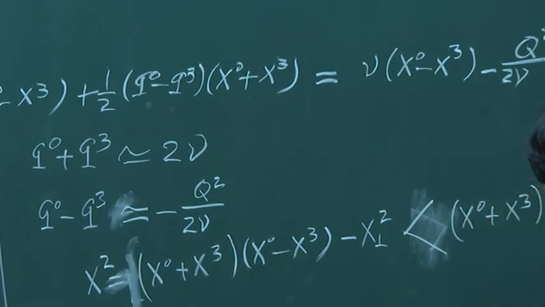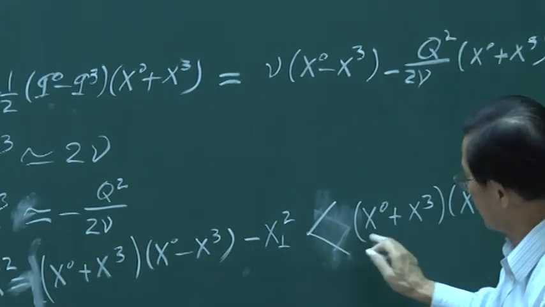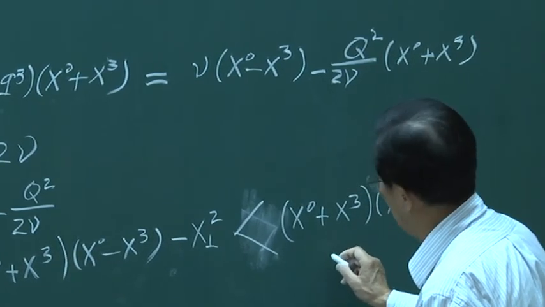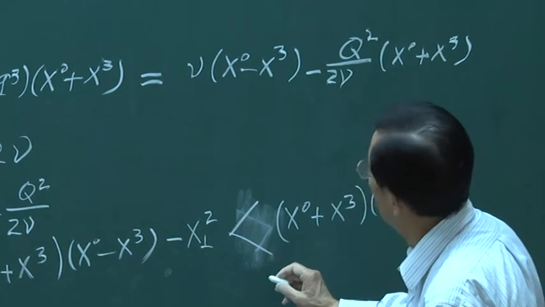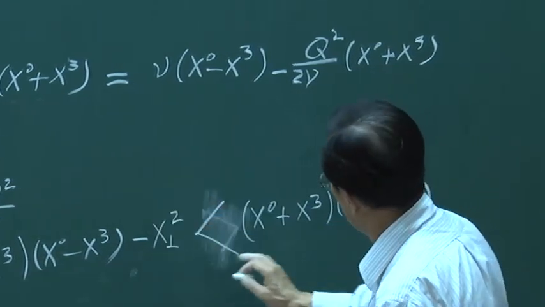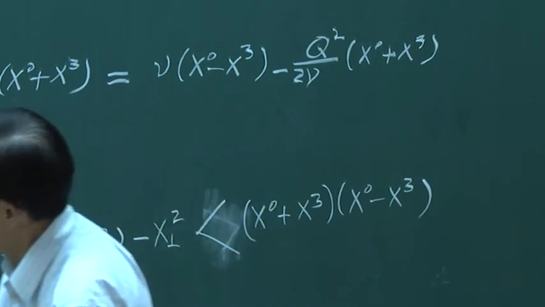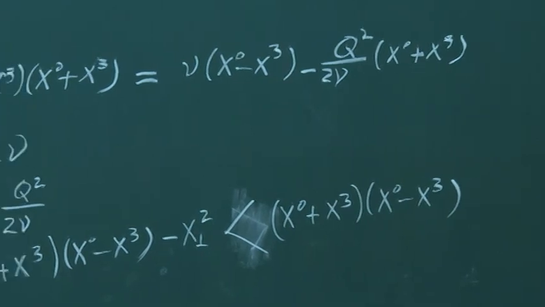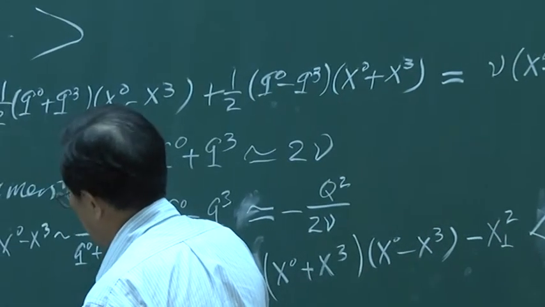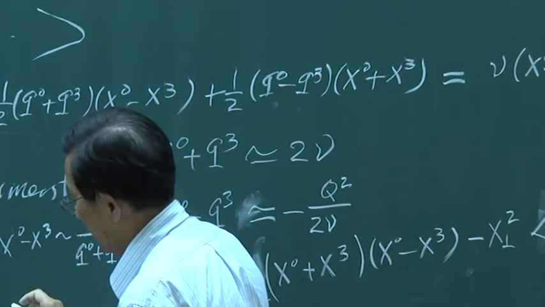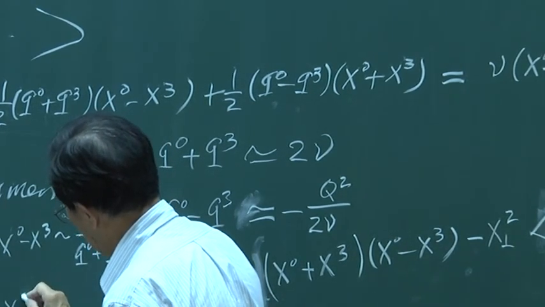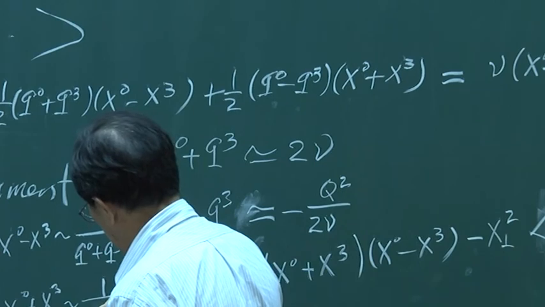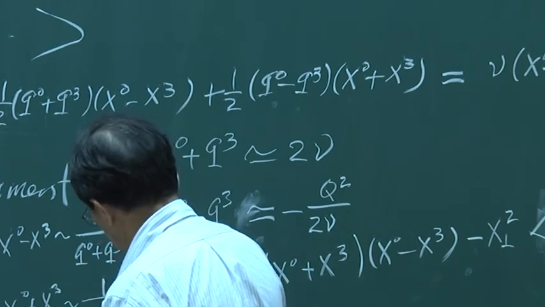Because I'm dropping a negative term, so this will be bigger than that. This means x0 minus x3 is of order 1 over Q0 plus Q3, and here x0 plus x3 is of order 1 over Q0 minus Q3.